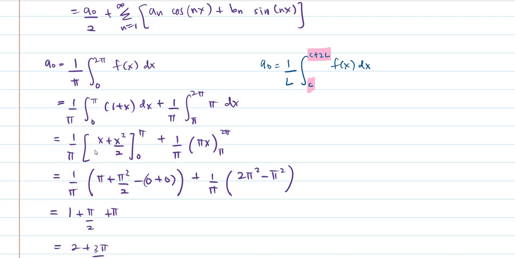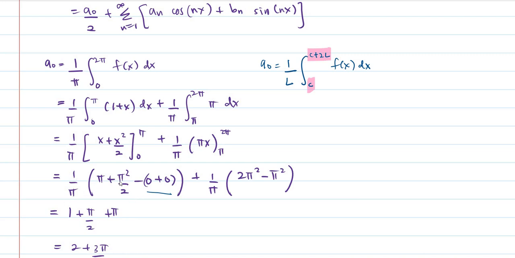Integrate 1 will be x, x is x squared over 2, and π will be πx. Substitute the value of π minus the substitution of 0. Remember, even if it is 0, please write 0 to make it clear. Here π plus π squared over 2, plus 1 over π, here is 2π squared minus π squared.